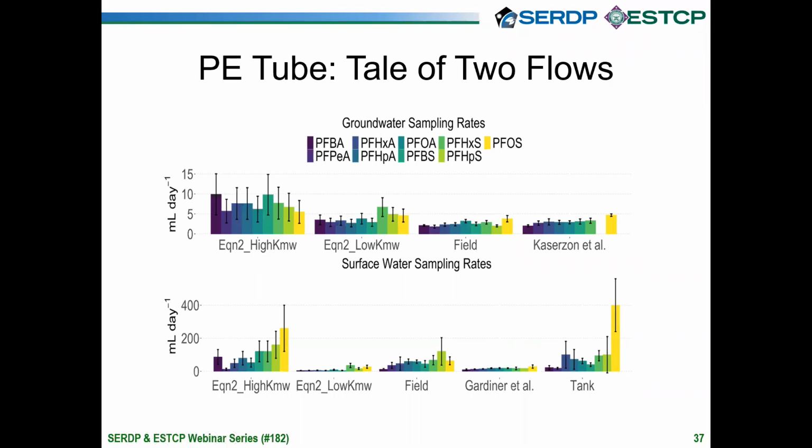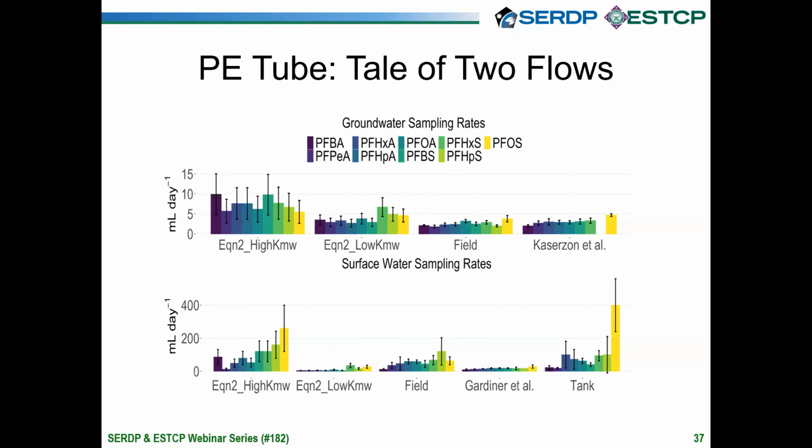And that roughly mirrors what Kazason found in groundwater, what we observed in our tank experiments, and what we come out with in predictions based on the modeled equation to understand the uptake of PFAS by the sampler. So for very slow flowing environments like groundwater, we have one set of sampling rates that is just below 5 milliliters per day.